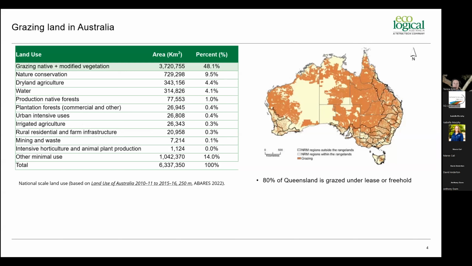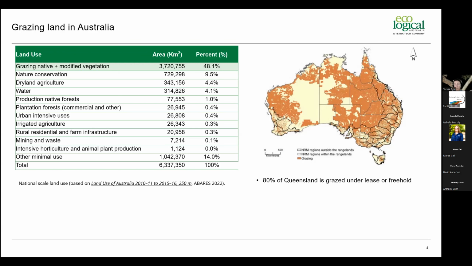So just to start off with, about 15 years ago, we actually started on this journey, the biodiversity metric journey. And it really all started off with the grazing land industry. And why was that? Well, grazing land management is one of the most extensive land uses in all of Australia.